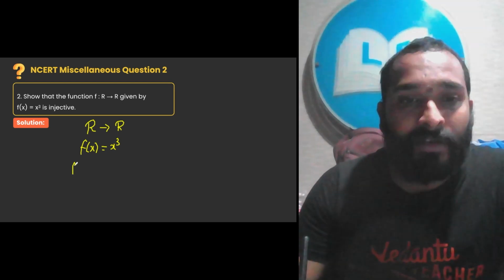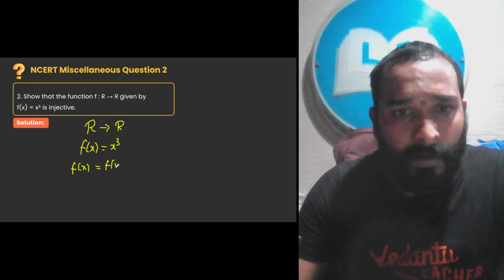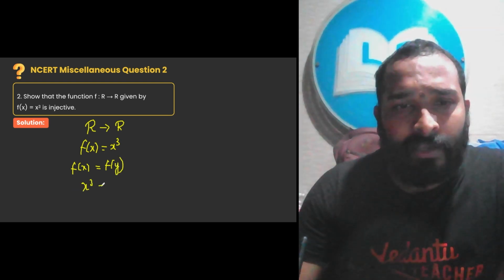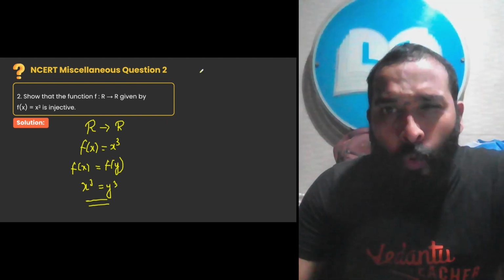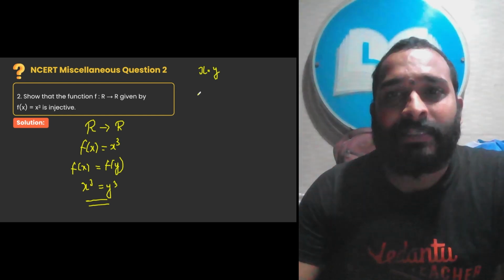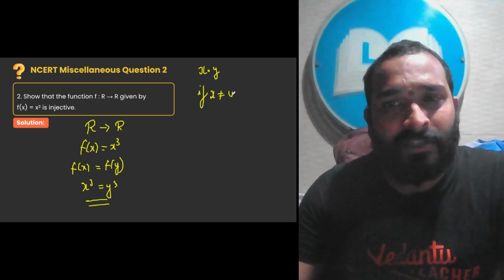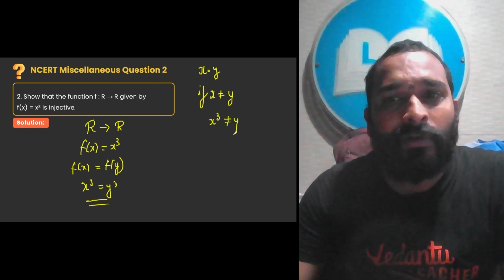So children, when we write f of x is equal to f of y, here we get x cube is equal to y cube, correct? X cube can be equal to y cube only when x is equal to y. Do you agree? If x is not equal to y, children, then obviously their cubes also will not be equal. Yes or no? X cube will not be equal to y cube.